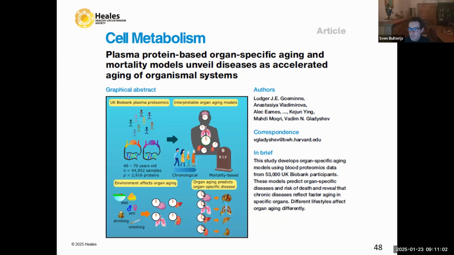Maybe more interestingly would actually be if we can use interventions that extend the lifespan or improve the function of an organ and then check what the aging clock does.